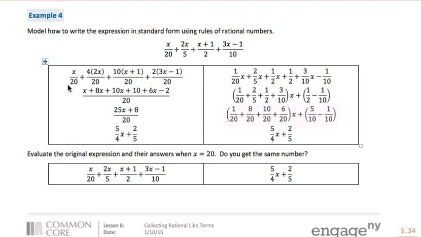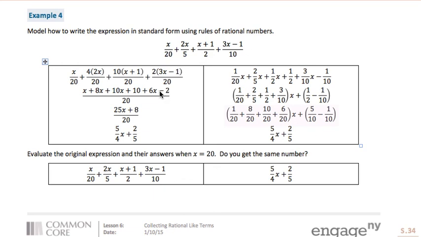After that, since we have all of the same denominator, we can write the numerators in one big long string. So we have x plus 8x, we multiplied that out, plus 10 times x, plus 10, which is 10 times 1, plus 2 times 3x, which is 6x, minus 2 times 1, which is 2.